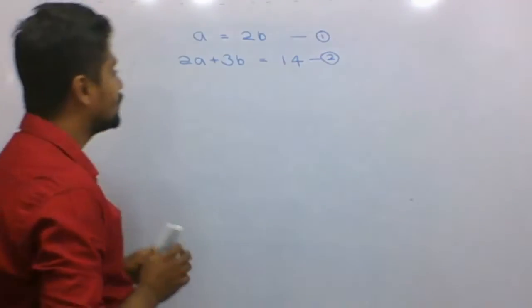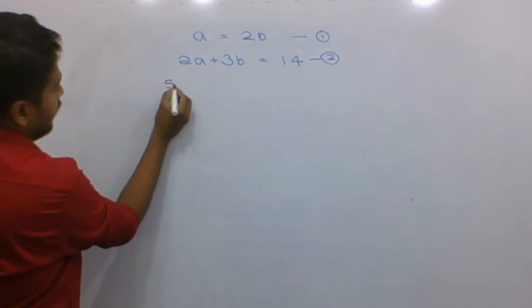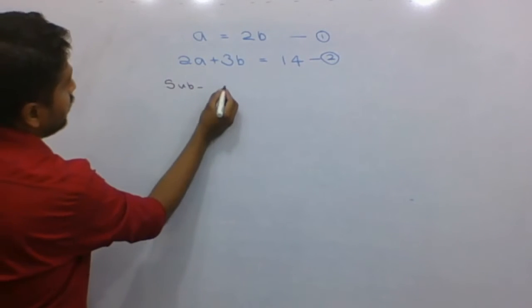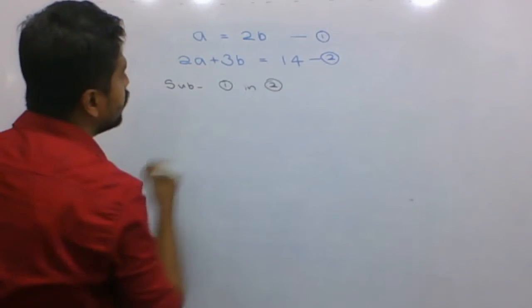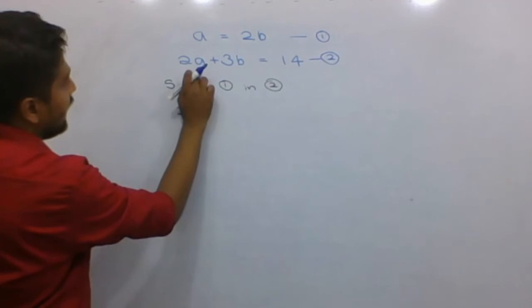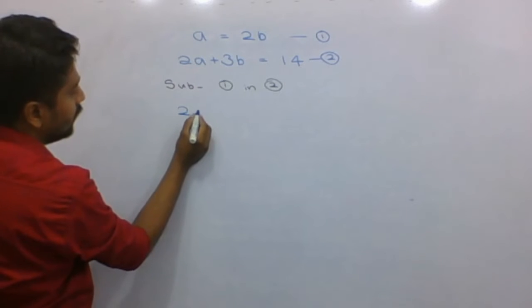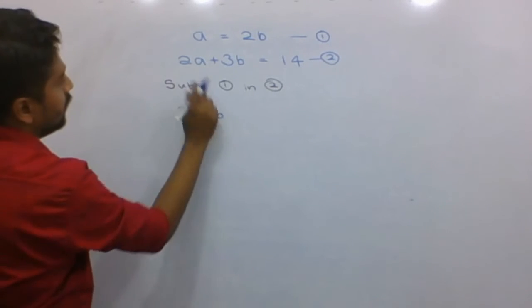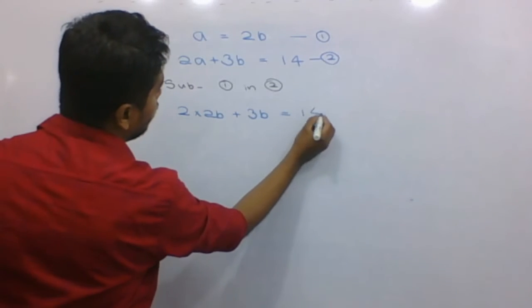Look at this one. So what is there? So I have to write what we are doing. Substituting first in 2. පළවෙනි එක දෙකේ substitute කරනවලු. ඒ කියන්නේ පුතේ මේ 2 එක ලියනවා. මේ a ඉන්නවනේ. a කියන්නේ 2b කියන එකනේ. a වෙනුවට ලියනවා 2b කියලා. Then plus 3b here, then this is equal to what? 14.